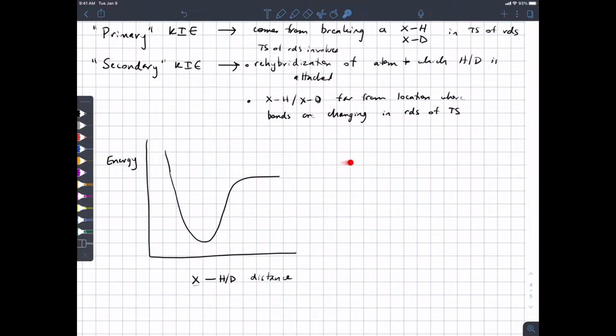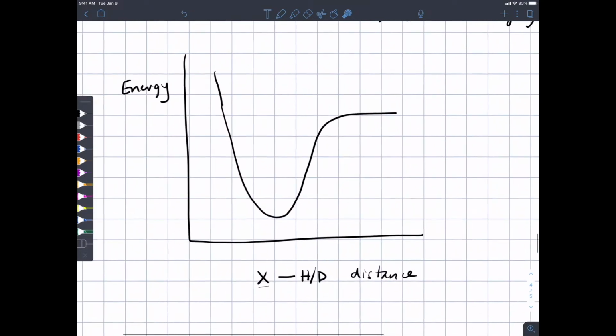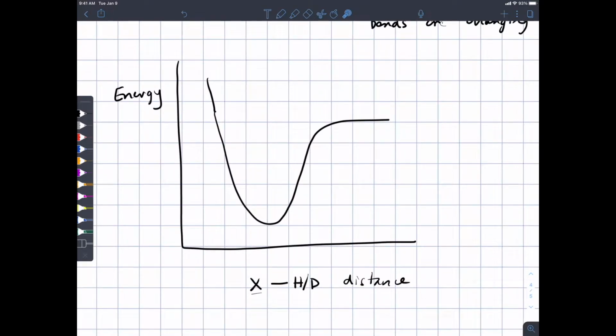At sort of infinite distance, the energy is zero. As they get closer, the bond starts to form. There's some minimum in energy. And then as we go too close, we start to get repulsion that overwhelms the attraction between the electrons and the nuclei.